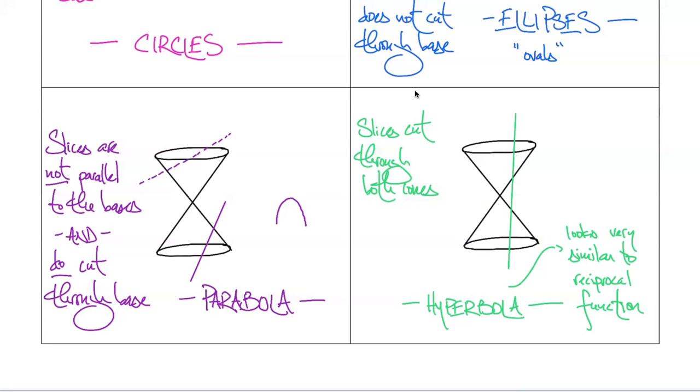In fact, since I'm cutting through both cones, this first cut is going to give me something like that up here. And then the second cone that it goes through, it'll give me another one down here. Very similar to the two branches that we see in the reciprocal function. Okay. And actually, the reciprocal function is a very special case of a hyperbola.